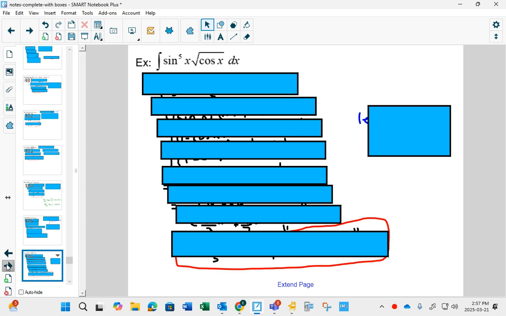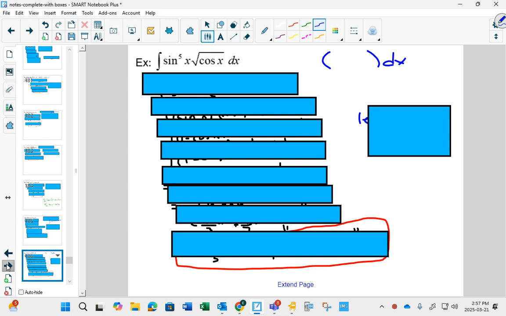And if you made u cos x, then du would have a sine x. Looking at my original equation, beside the dx, is it easier to write a single cos x or a single sine x? What's the problem with the cos x? It's inside a square root.